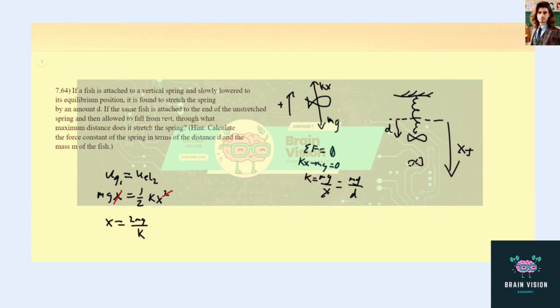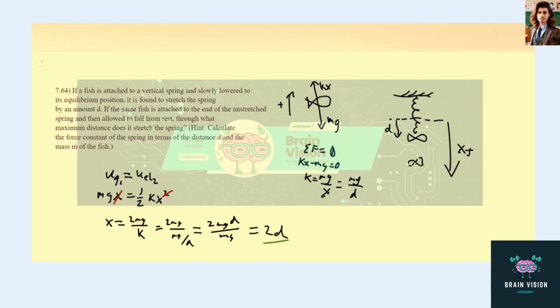We can substitute in what we have for k. That's 2mg over mg over d, and that's going to be equal to 2mg d over mg. And so then we get 2d. That's going to be the distance that it falls to when it's stretched.